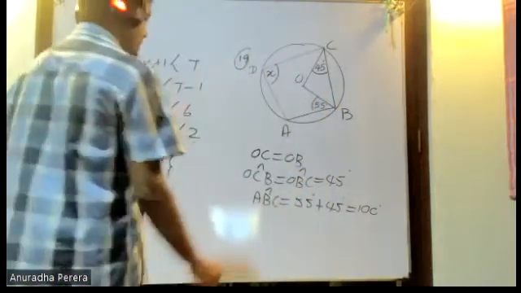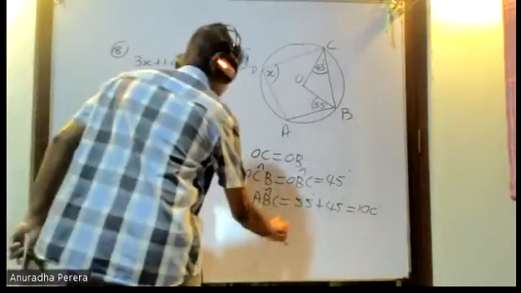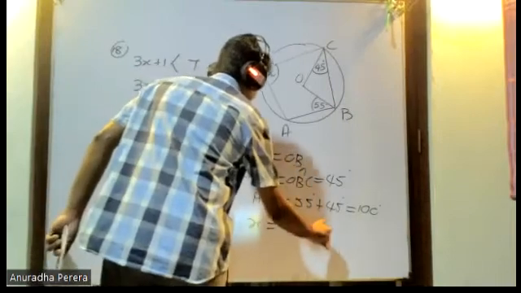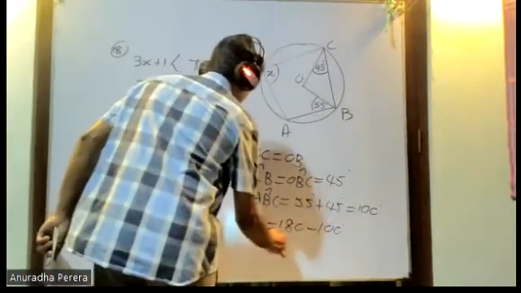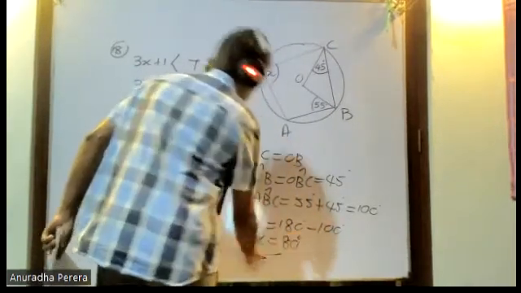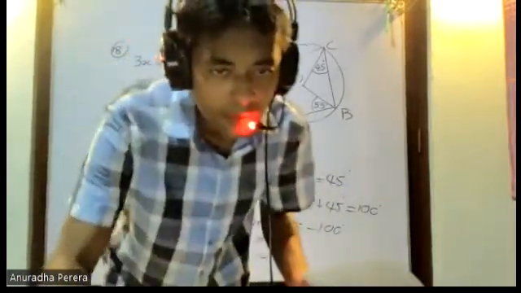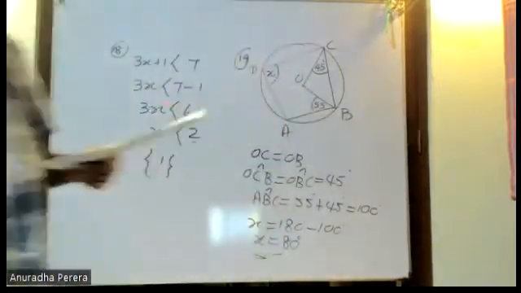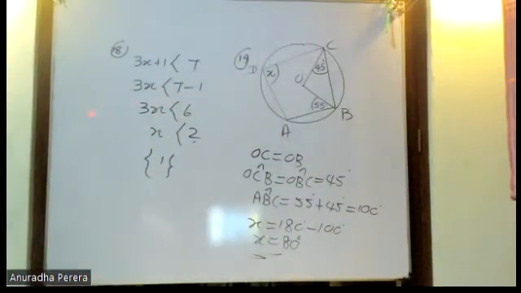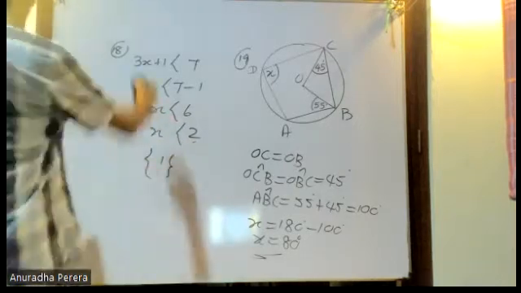We need x. X equals 180 minus 100, 80 degrees. X is 80. Why? Cyclic quadrilateral. Yes, x is 80. Question number 19. 20th question.